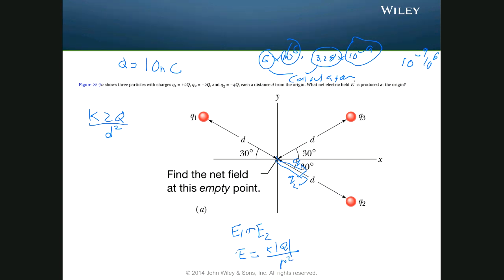So what that means, though, is that E2 is going to be equal to K. Also, the absolute value of Q2 is 2Q as well. And again, that's a distance D squared. So when we do this, we just add E1 plus E2.